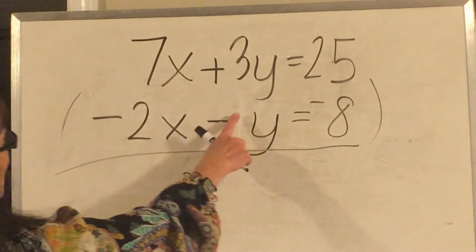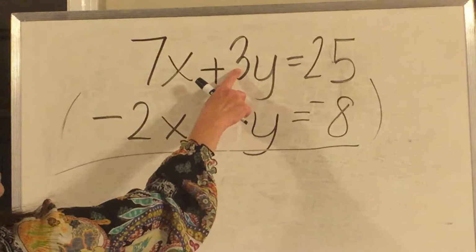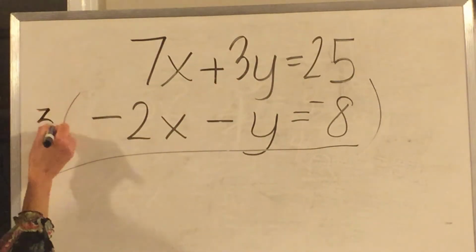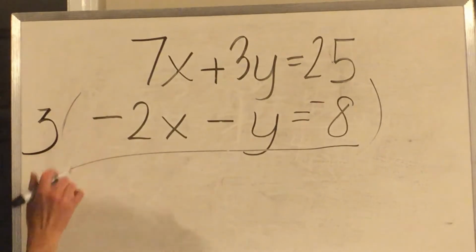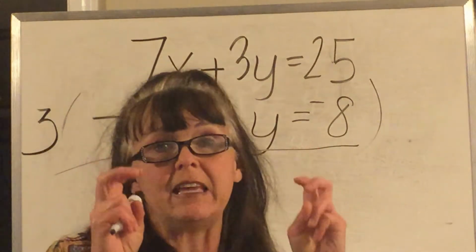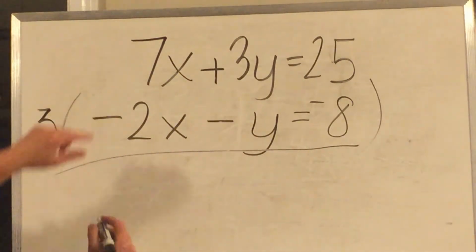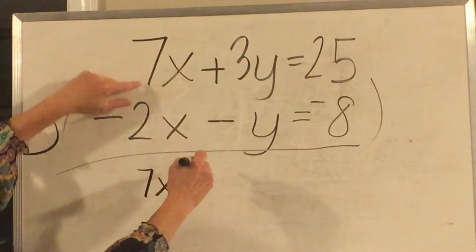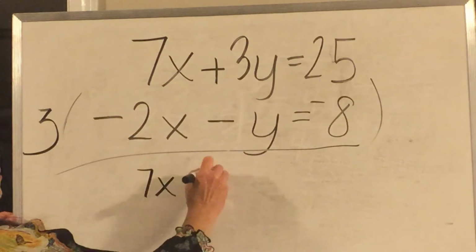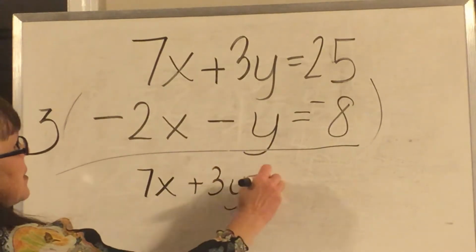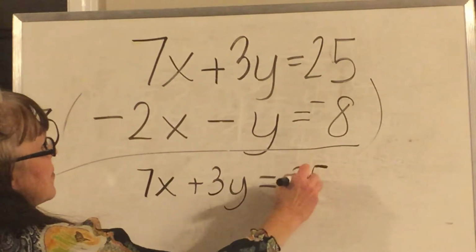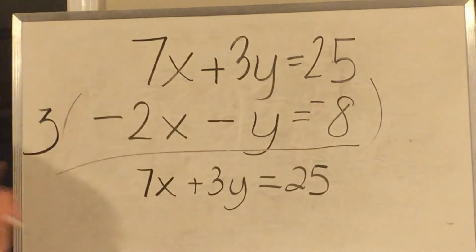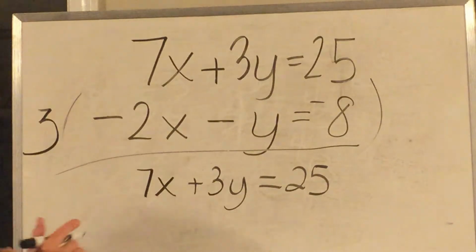Okay, now what number do I need right there? Oh, I need 3. So that's why I'm multiplying this one by 3. I'm making the opposites. So bring down your first one, 7x plus 3y equal 25. Distribute the 3 all the way across.